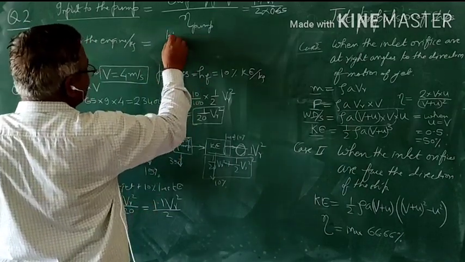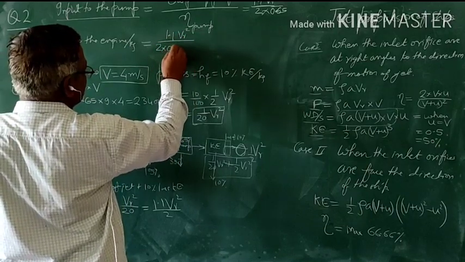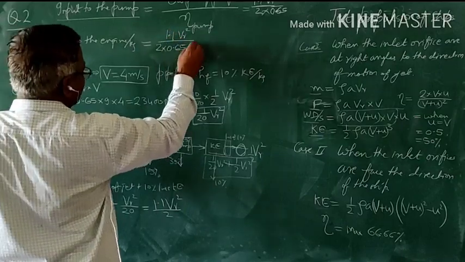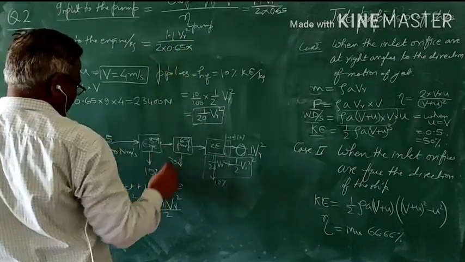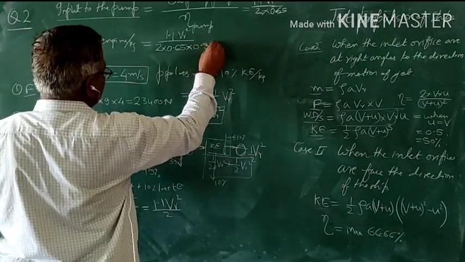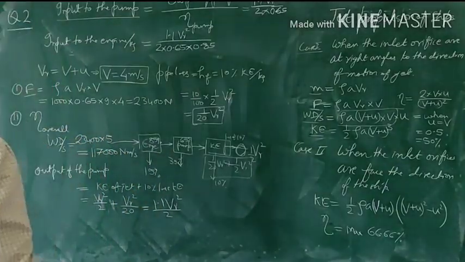So 1.1 Vr square by 2 into 0.65, that is the output of the engine, divided by the efficiency of the engine. So here it is given as 0.85. So this is the input to the engine.